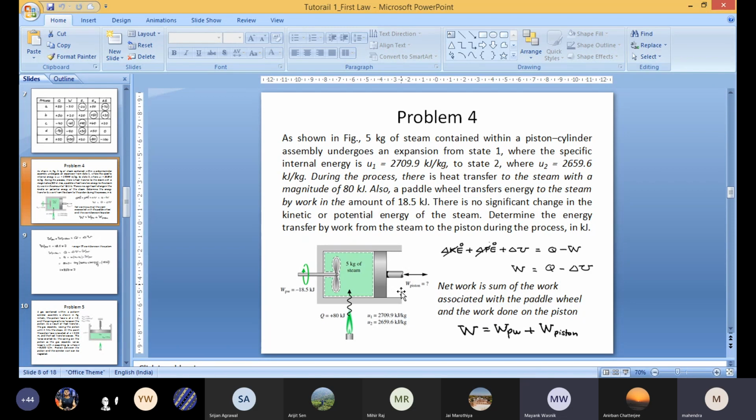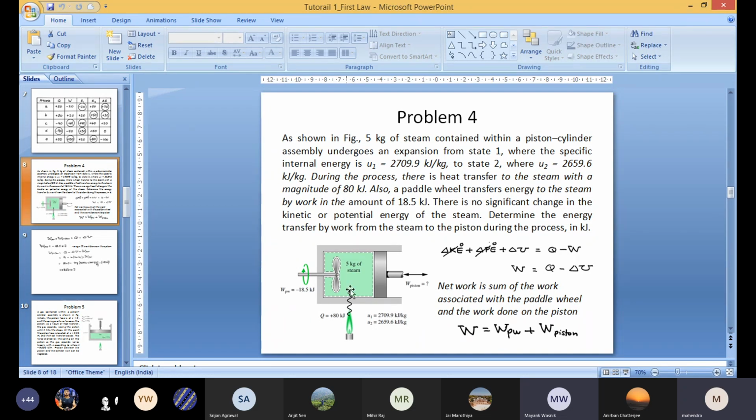Now it is passing between two states, state 1 and state 2. At state 1, this much is the internal energy, and at state 2, this much internal energy we have. So now we need to calculate what the net work output is.